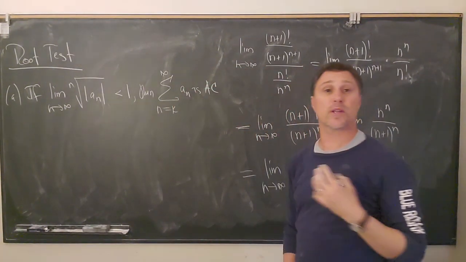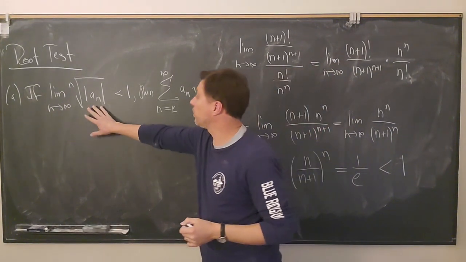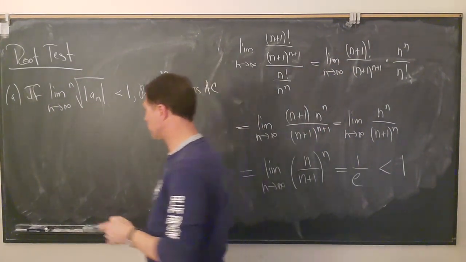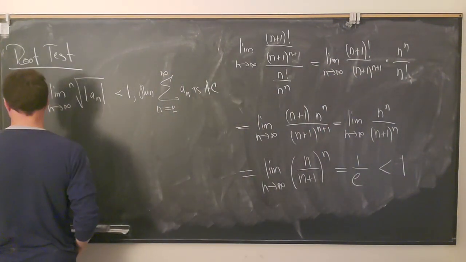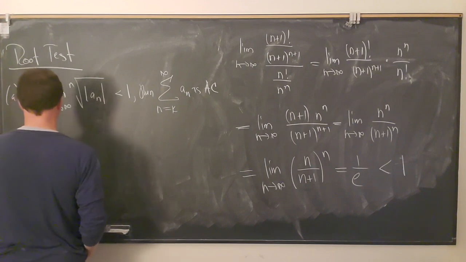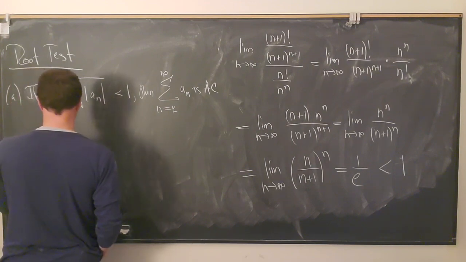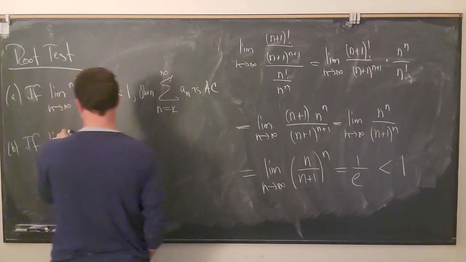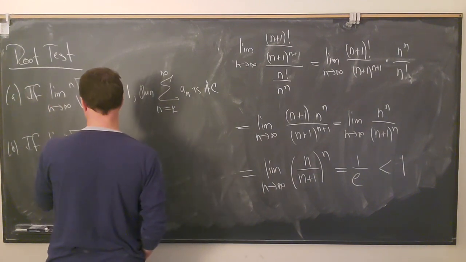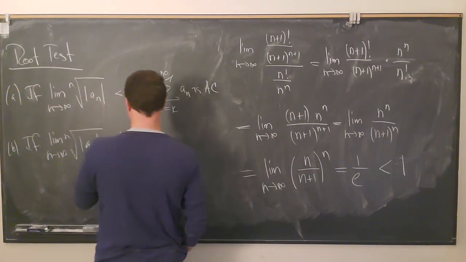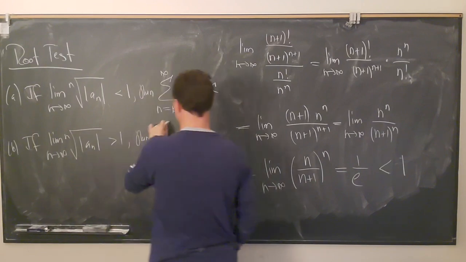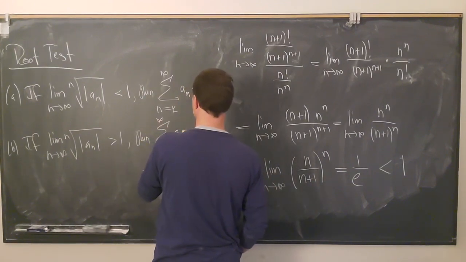So it's going to look very much like the ratio test, except I'm going to replace the ratio with the nth root. Part B, if the limit as n goes to infinity of the nth root of the absolute value of a sub n is greater than 1, then the sum n equals k to infinity of a sub n diverges.